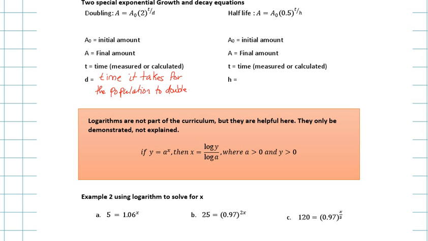So you're starting with 100 bacteria, doubling every 5 minutes. What would the population be in 1 hour?